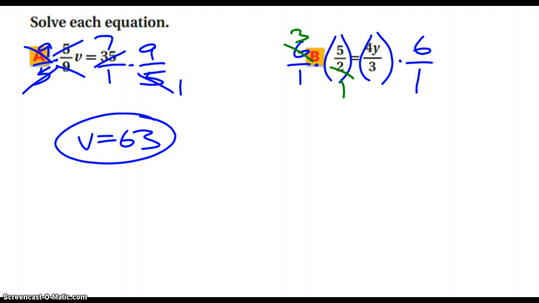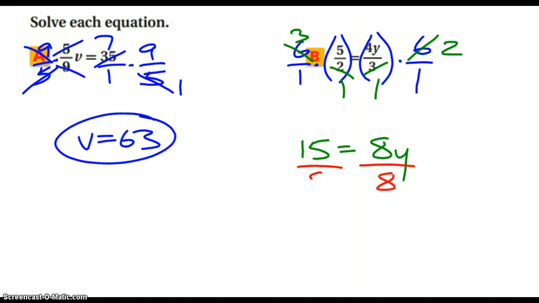So I get 3 times 5 is 15, or 15/1, which is just going to be 15. And then over here, I'm going to divide by 3, divide by 3. 4 times 2, which is 8y, and then we can divide by 8 to solve for y, and we get the same answer, y equals 15/8.